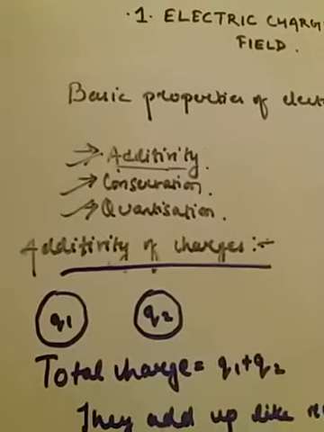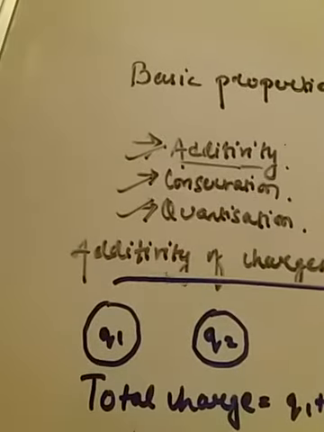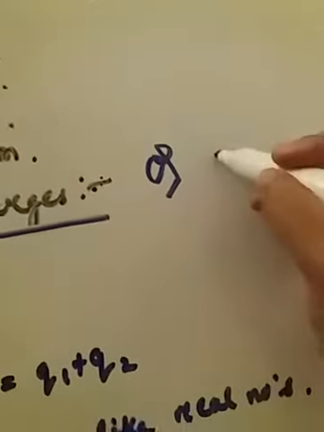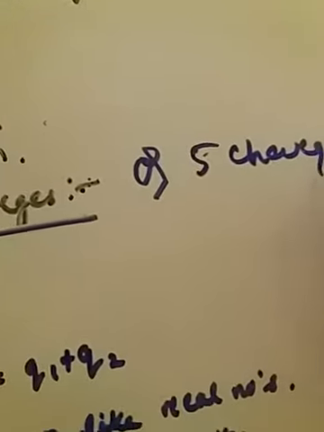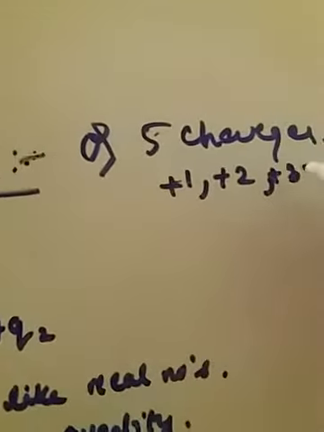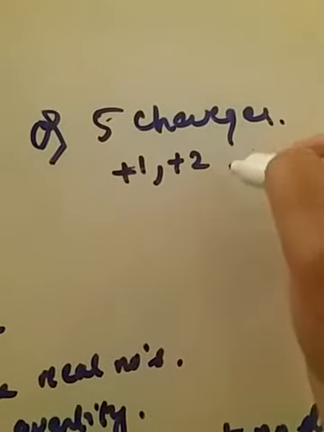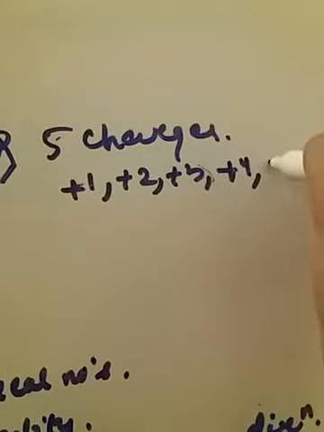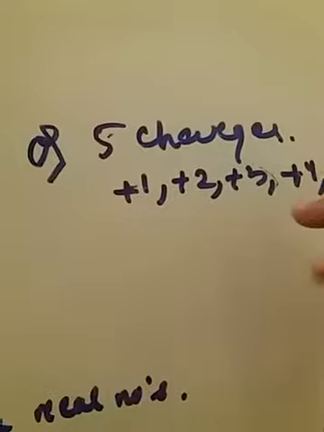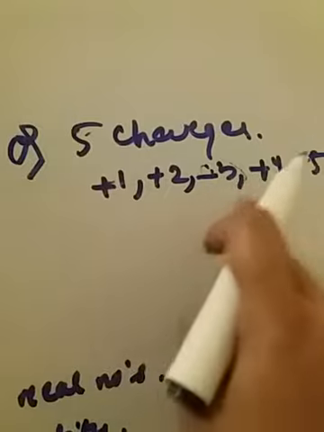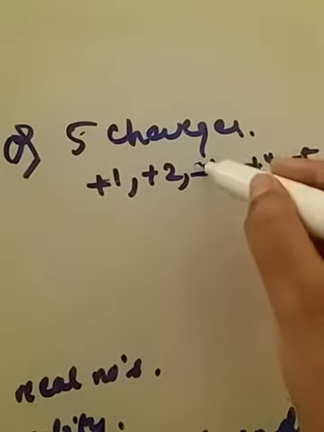Suppose there is a question that there are 5 charges: plus 1, plus 2, minus 3, plus 4 and minus 5.